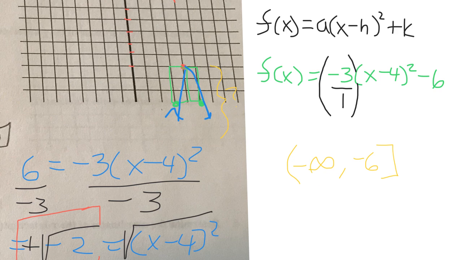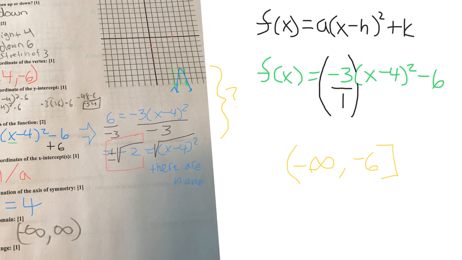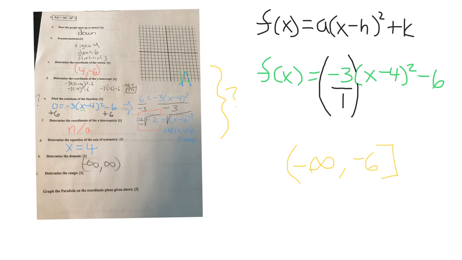All right, so that is the range of this graph. And we'll write that here. So it was -infinity, -6. And then we're done because we already graphed it. Smiley face. All right, moving on to the next.